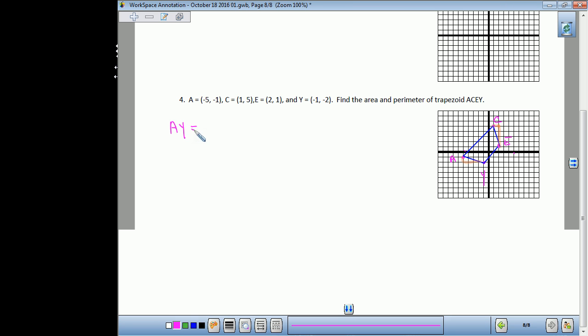AY is equal to CE, which is the square root of 1 plus 4 squared, 1 plus 16, which is the square root of 17, right? So both of those have the same length. So it's not just a trapezoid, it's an isosceles trapezoid. Okay, that's 2 of the sides. That might be handy in a minute.